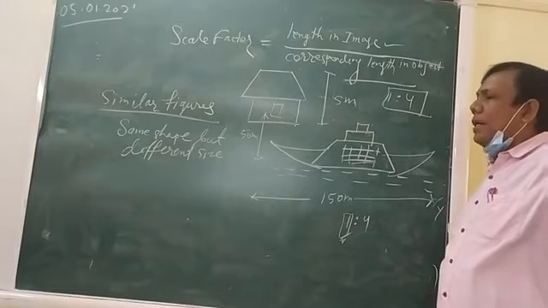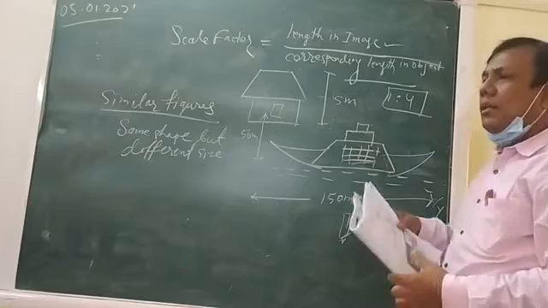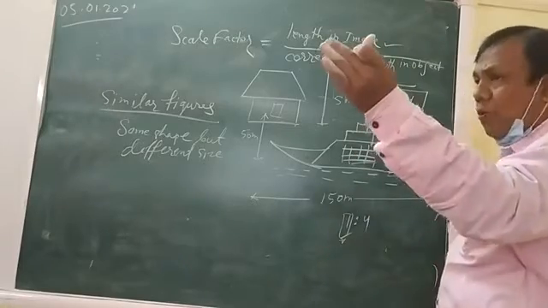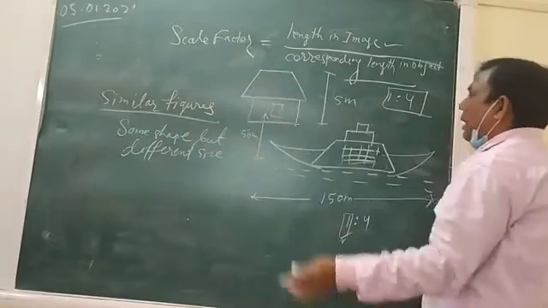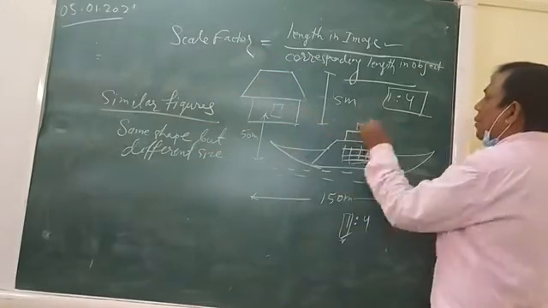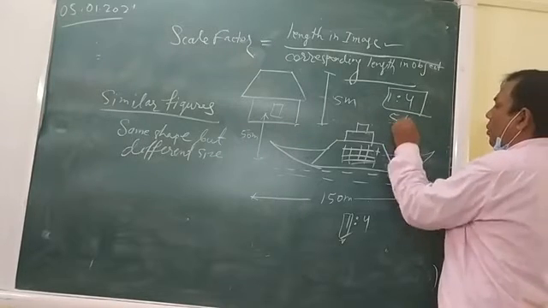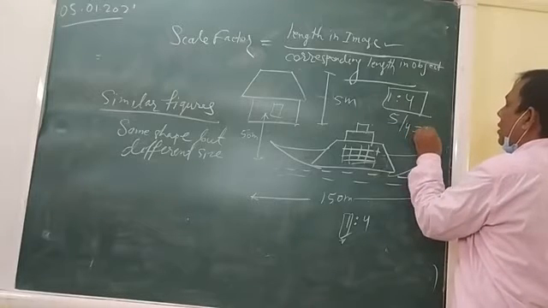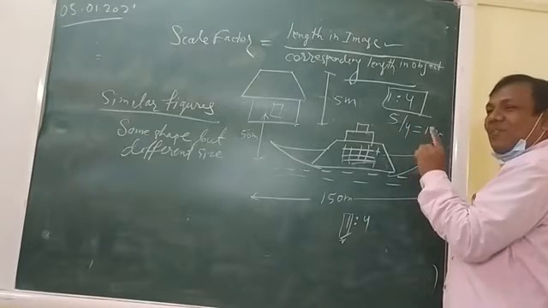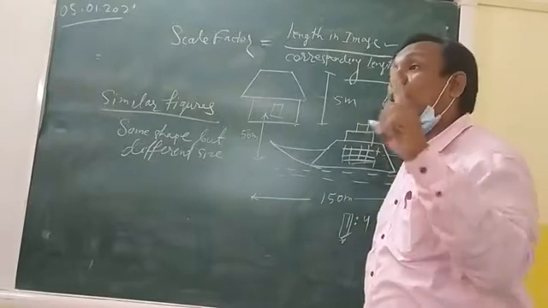Tell me, everyone. Yes, you say 1.25. It means you are dividing 5 by 4. Yes, sir, 5 by 4. And when you divide 5 by 4, you will get 1.25. Got it? So the height of the model will be 1.25 meter.